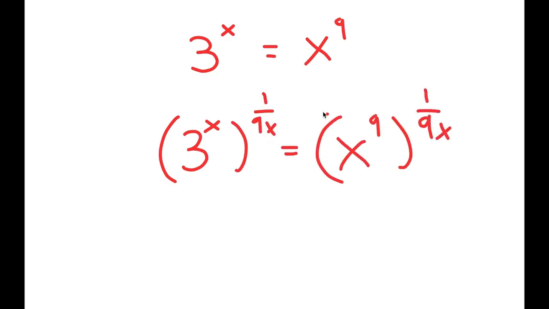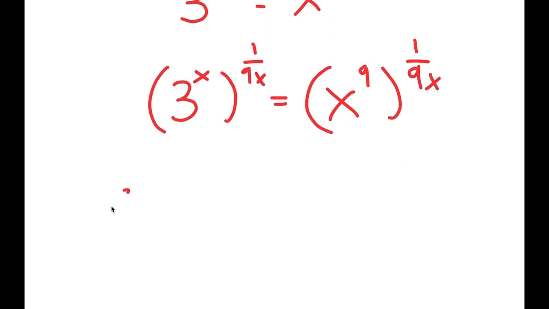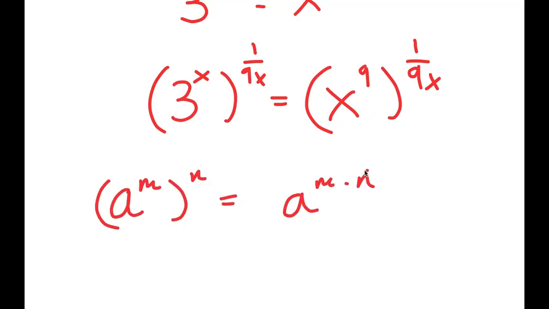And the reason I'm doing this is so I can just get the numbers on one side and then the variables on the right side. So I'm going to use the property a to the power of m to the power of n is equal to a to the power of m times n, meaning these two multiply and these two multiply.